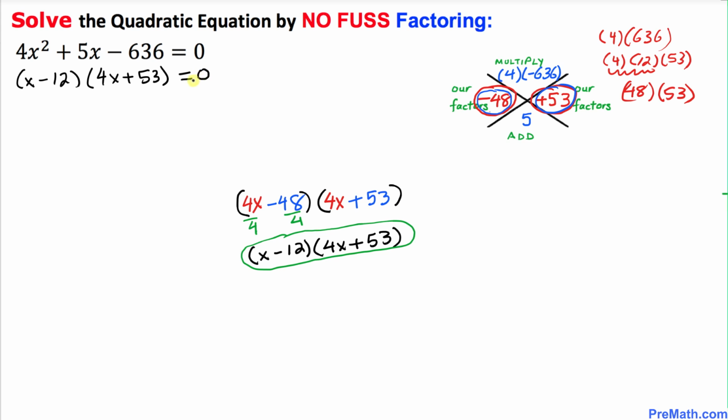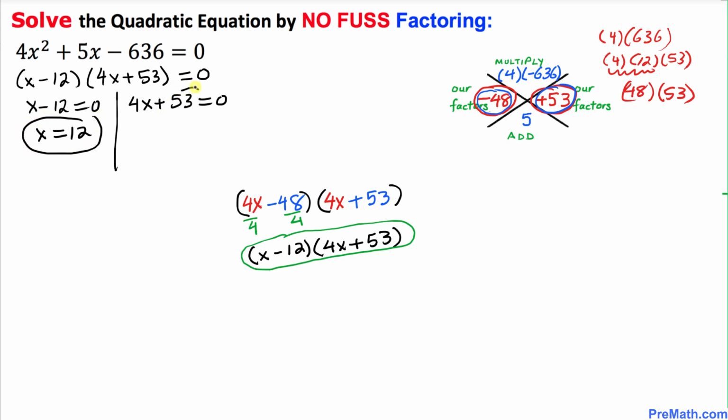These turn out to be our factors of this left hand side, and we set it equal to 0. Since they are equal to 0, I can separate them. I can write x minus 12 equal to 0, and on the right hand side I can write 4x plus 53 equal to 0. The first one is going to give us x equal to 12 as one of our solutions.